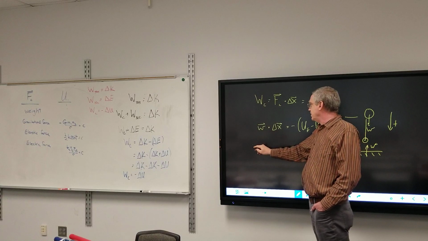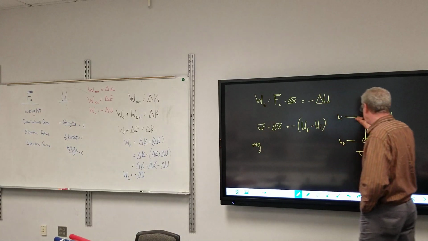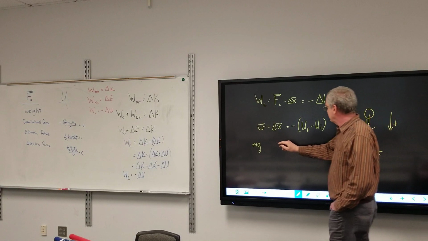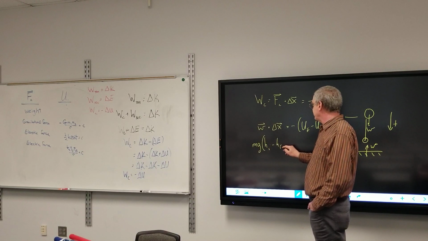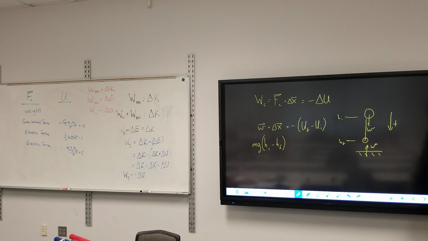My weight is mg. It's in the same direction as the falling. So this distance right here is h initial minus h final. h initial is bigger than h final, so I know that my work is positive.